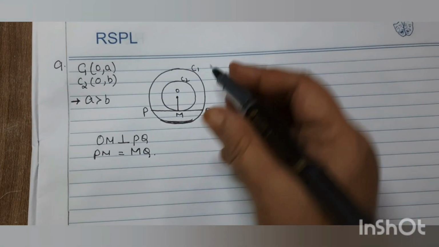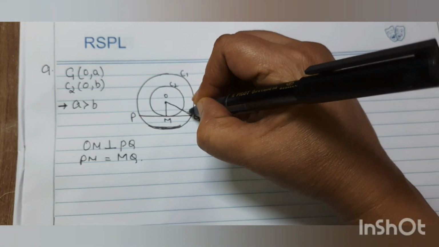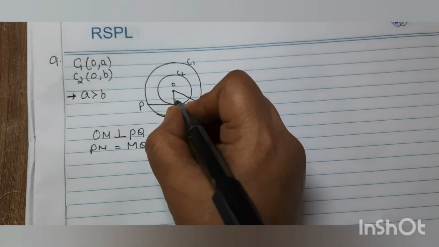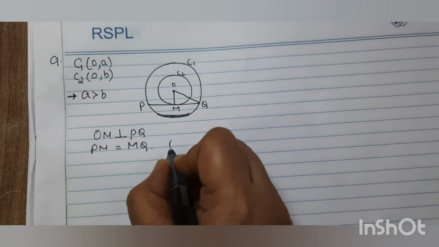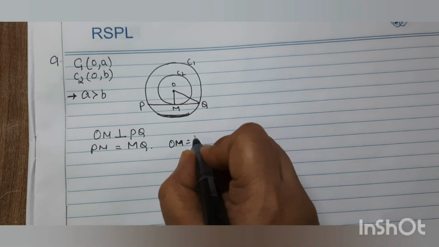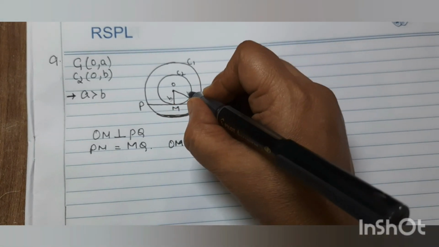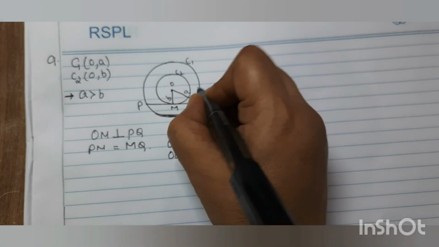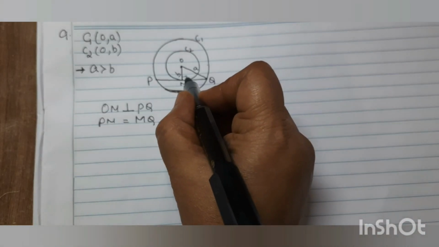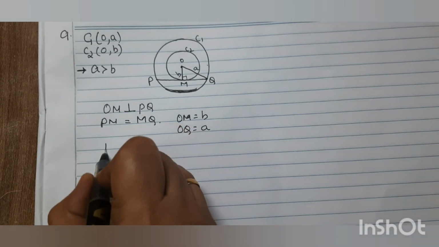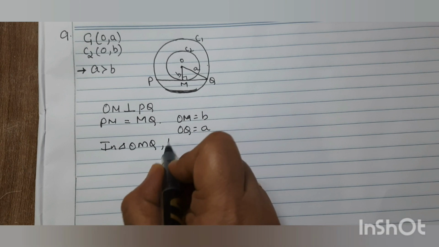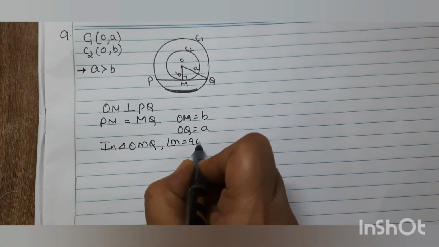Okay. Then we will join OQ. Then OM is equal to B, the smaller circle. OQ is equal to A, the greater circle. So by now you know what to do. In triangle OMQ, angle M is equal to 90 degrees.